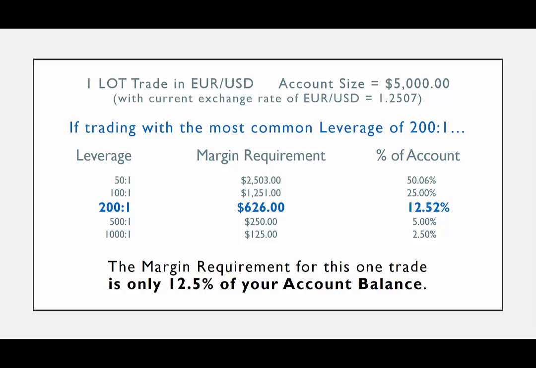But if you are trading with a 200 to 1 leverage, which is actually the most common leverage offered by brokers worldwide, then the margin requirement is only $626 and represents only 12.5% of your account balance.